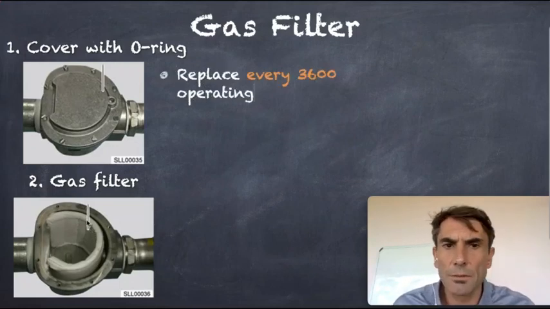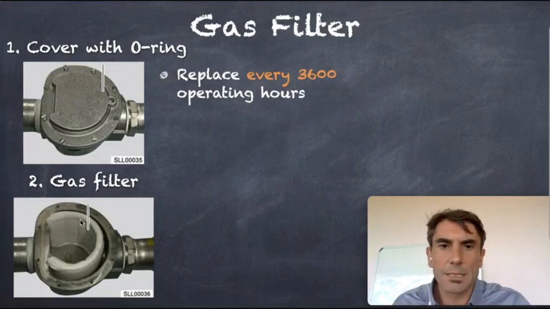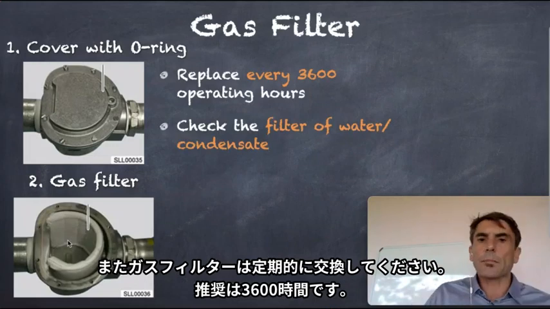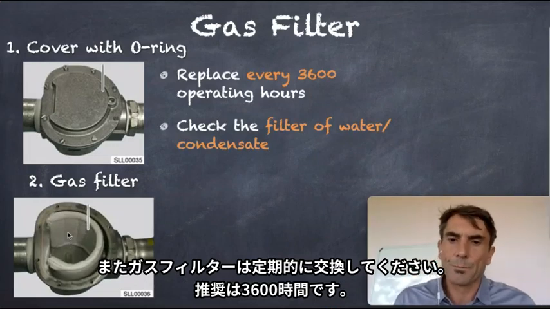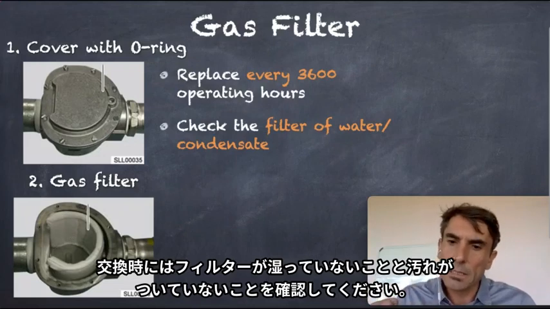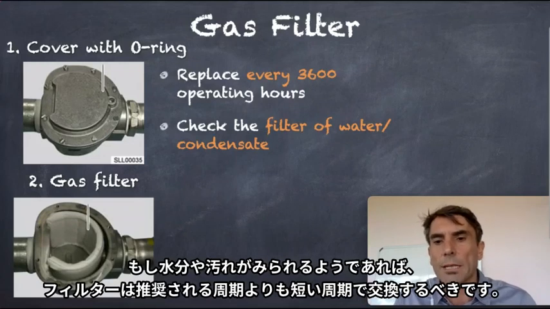So the filter is very important. As a standard, the filter should be replaced every 3,600 operating hours. But we have to check it. If the filter gets wet or we get condensate into the filter and the filter gets blocked through water and dirt, we may have to replace it earlier.